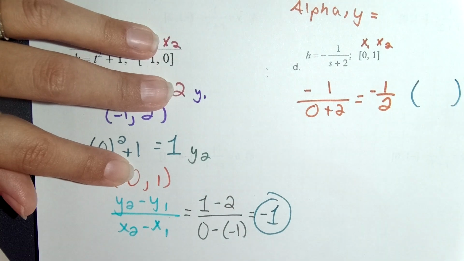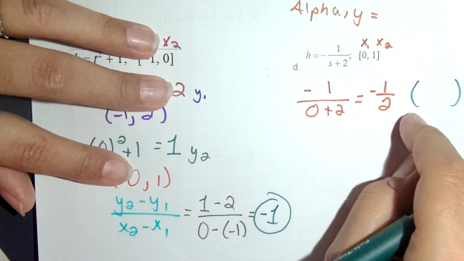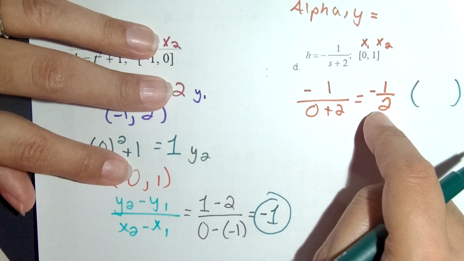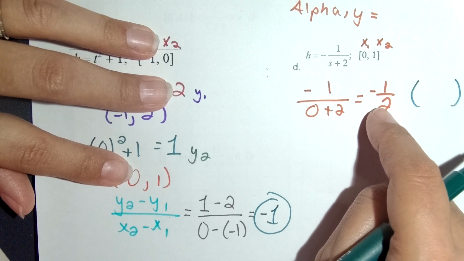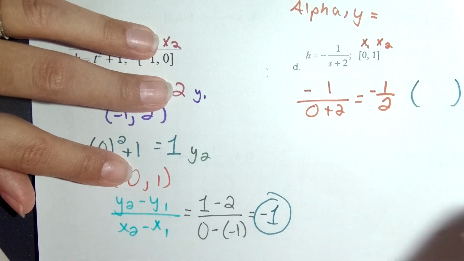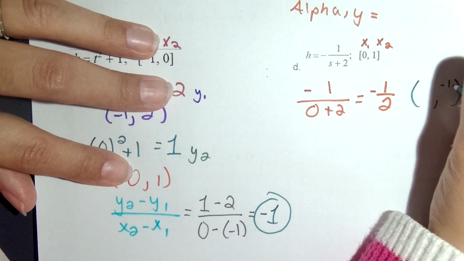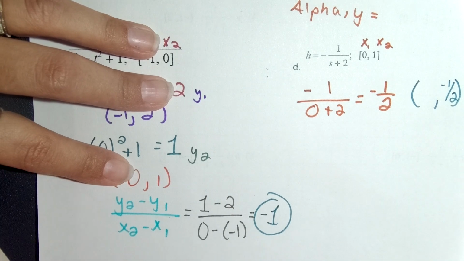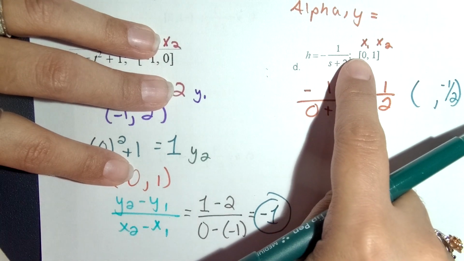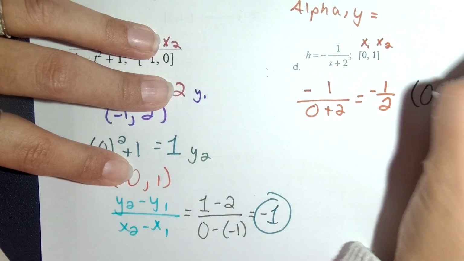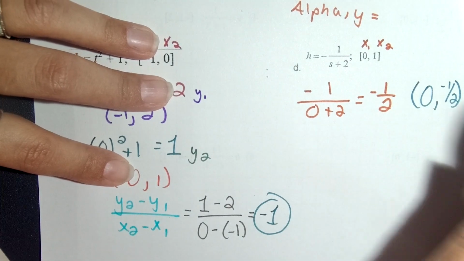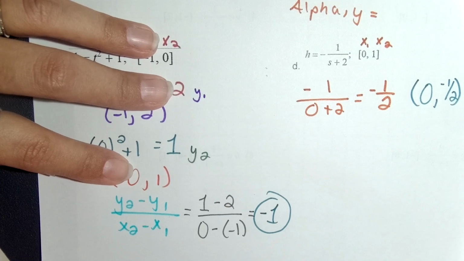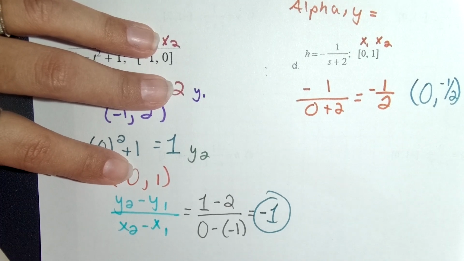What does this stand for? Y1. So what is my x1? Nope, not 2. What are we substituting in? 0. Okay? That's why labeling is important. You should be labeling. Label everything.